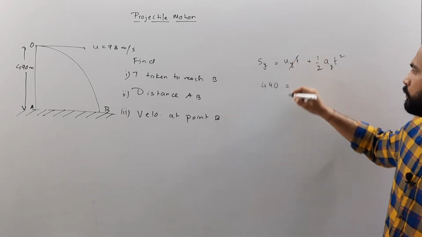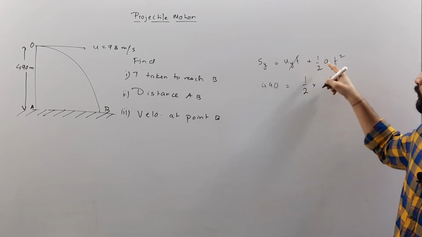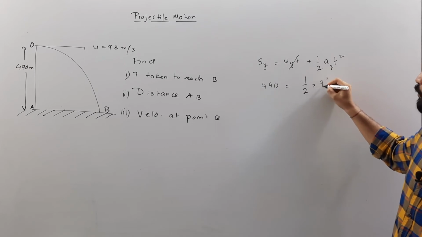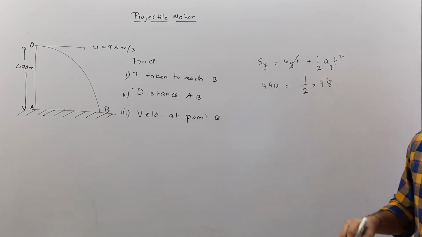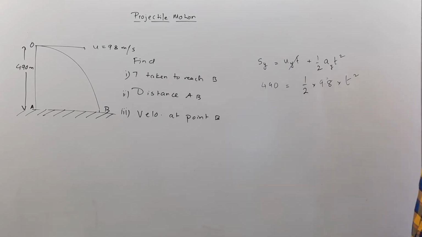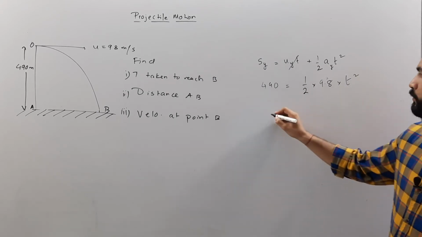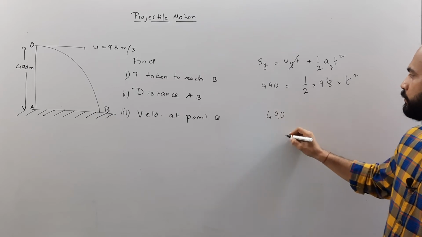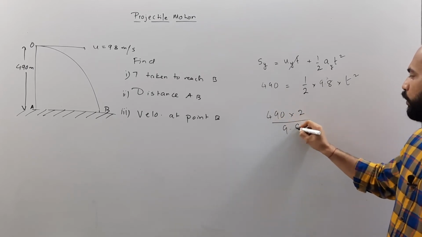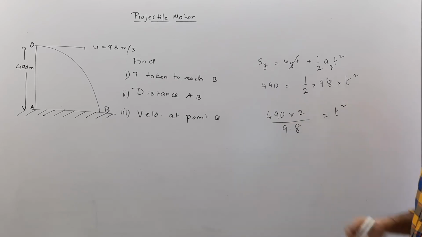So this goes, and ultimately we have this, so here I am going to choose 9.8 because this is going to cancel out over here. 9.8 into t square is what we get. So ultimately 490 into 2 divided by 9.8 is t square.